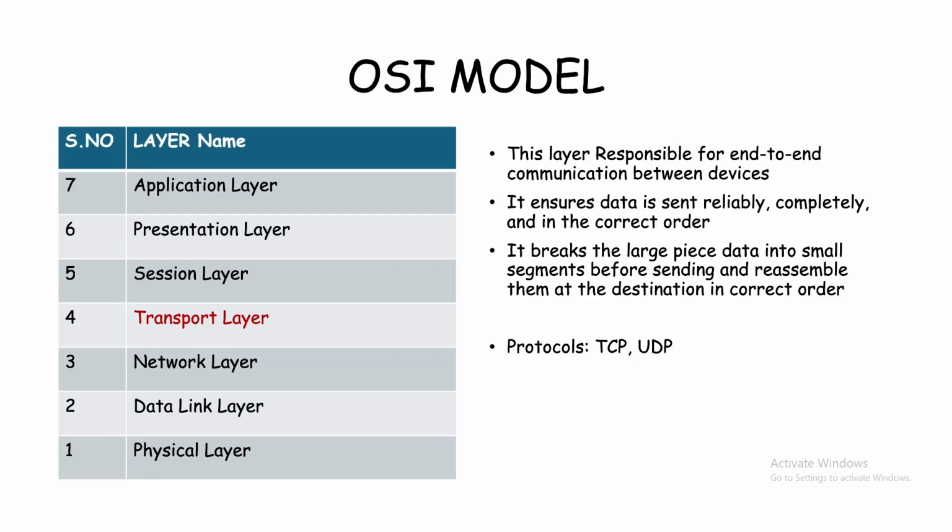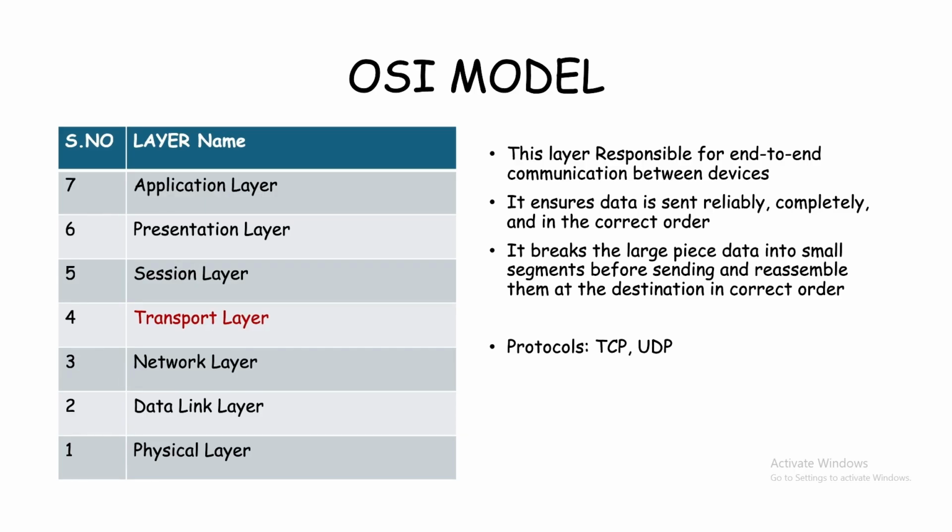But when we make the large piece of data into small segments, even if you have a problem, a few packets may be lost, but at the end we can still receive the video, with only a few packets missing. So that's the main reason to break the large piece of data into small segments.